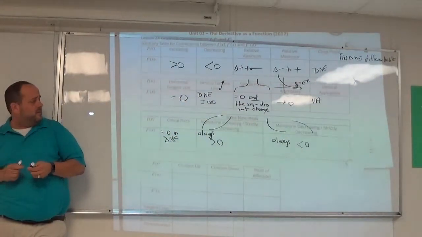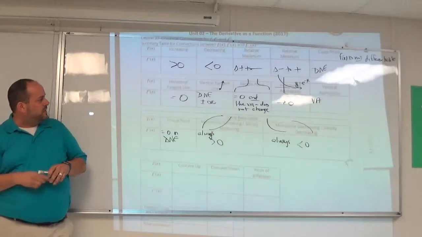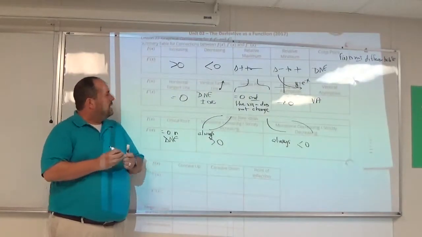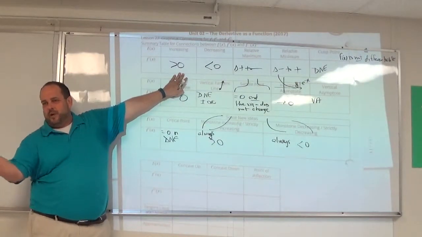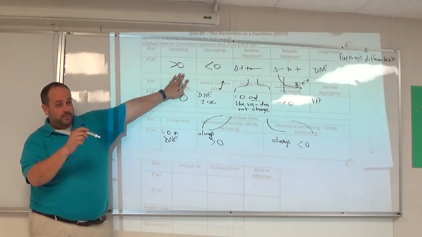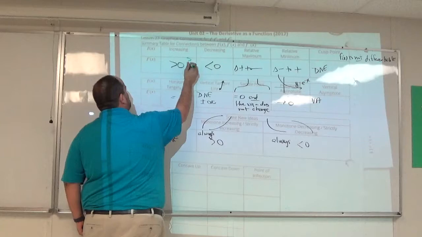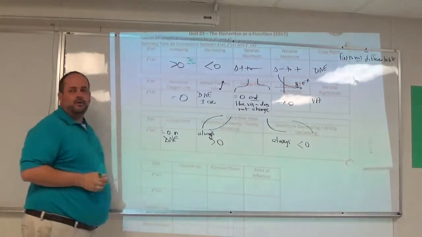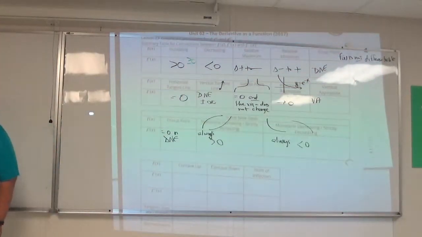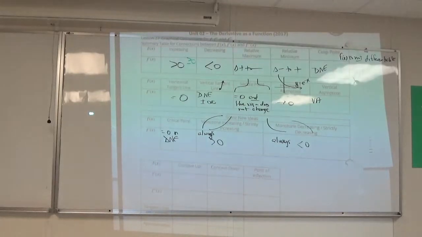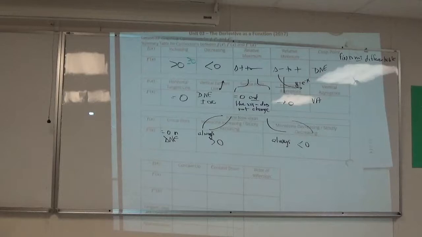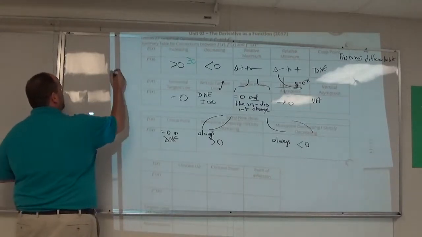Now, the reason I want to make a big deal about this idea of monotone increasing and decreasing is that in the past, if you watch a video from last year or the year before, in my class we would talk about increasing, and what we said was the derivative was greater than or equal to 0. The only difference is, do you include 0 as a point of increasing or decreasing? So for example, think about a parabola.